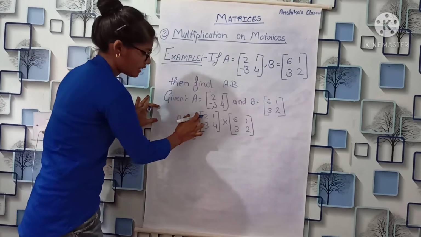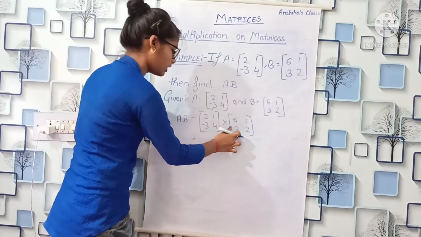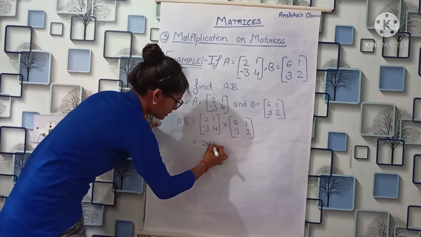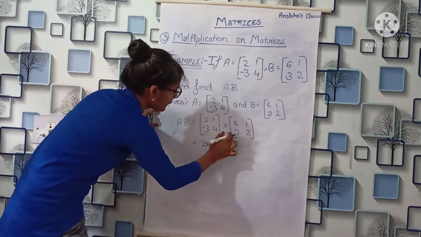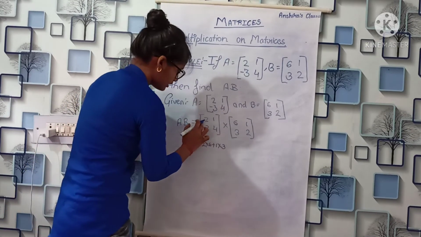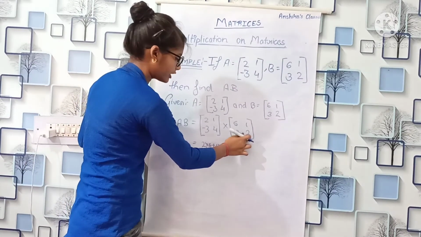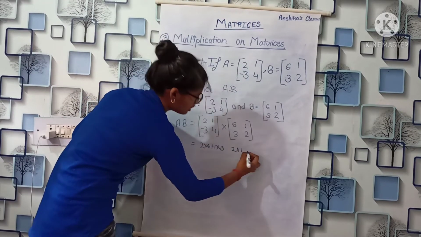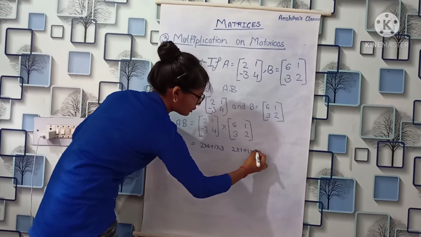Then first row multiplied by first column: 2 multiply 6 plus 1 multiply 3. Then first row multiplied by second column: 2 multiply 1 plus 1 multiply 2.